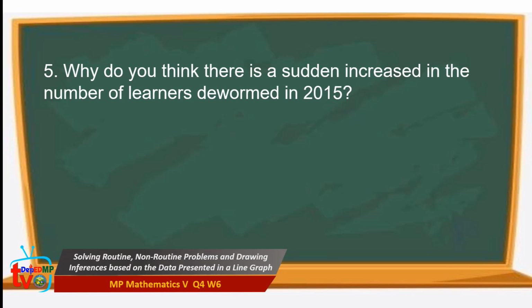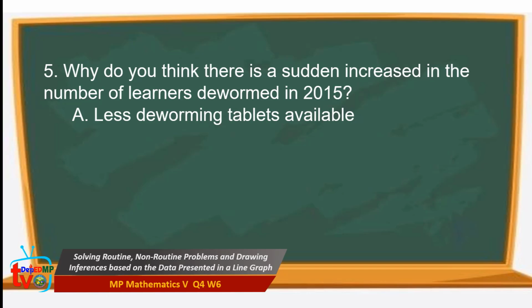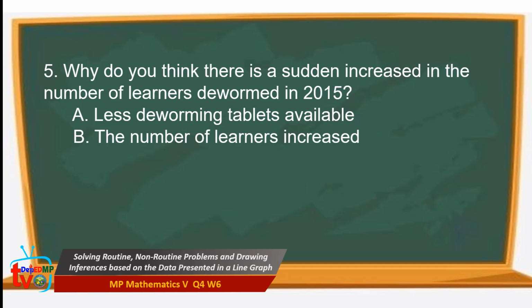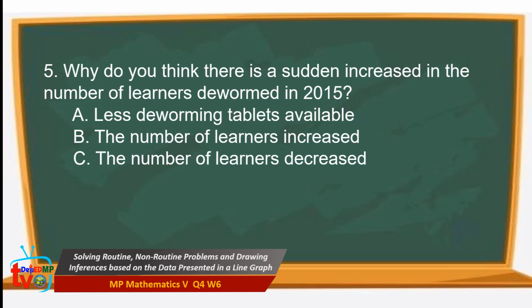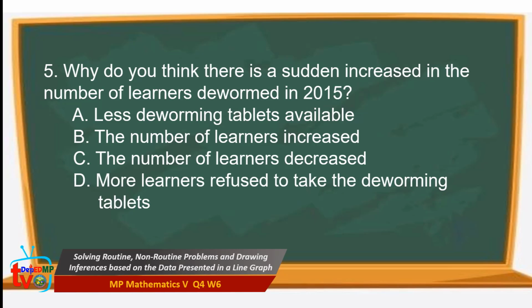Why do you think there is a sudden increase in the number of learners dewormed in 2015? A, less deworming tablets available. B, the number of learners increased. C, the number of learners decreased. D, more learners refused to take the deworming tablets.